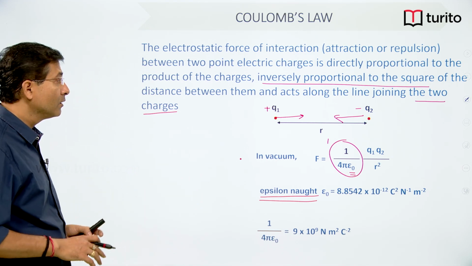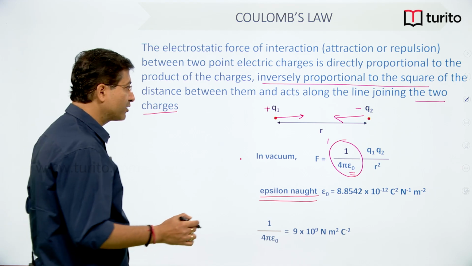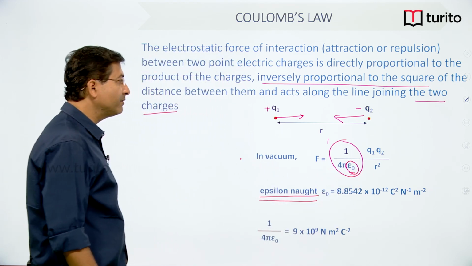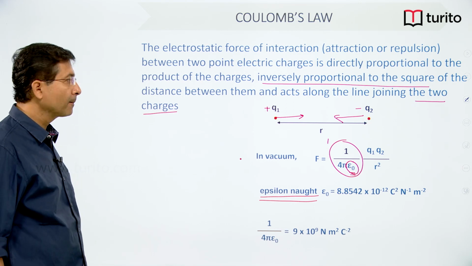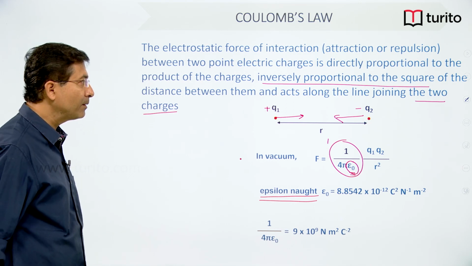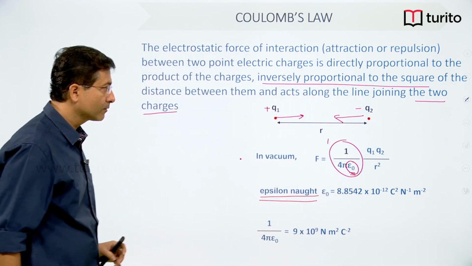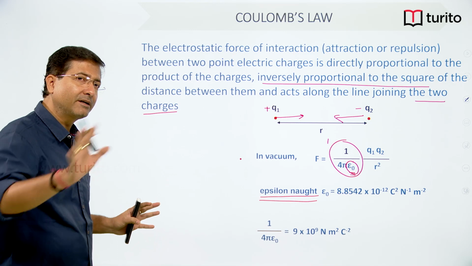Now, what if instead of vacuum, this is the permittivity of free space, vacuum. Instead of vacuum, if I place them in some medium, an isotropic medium, so the property of the medium in every direction is the same.